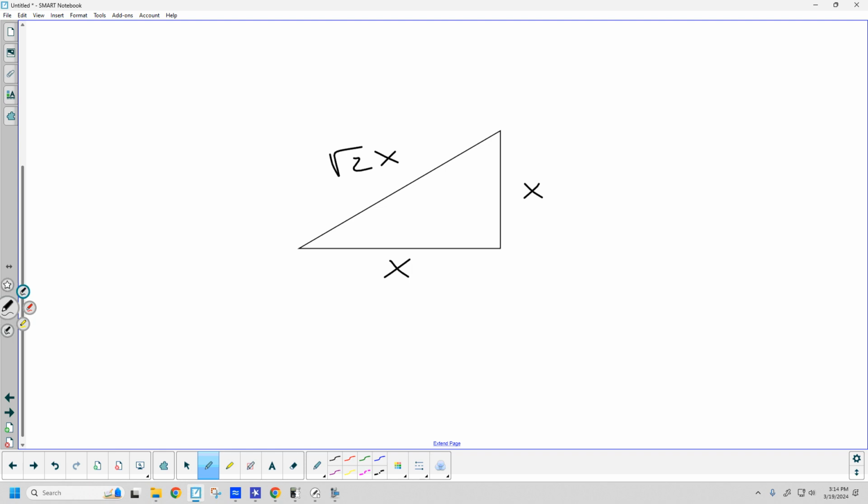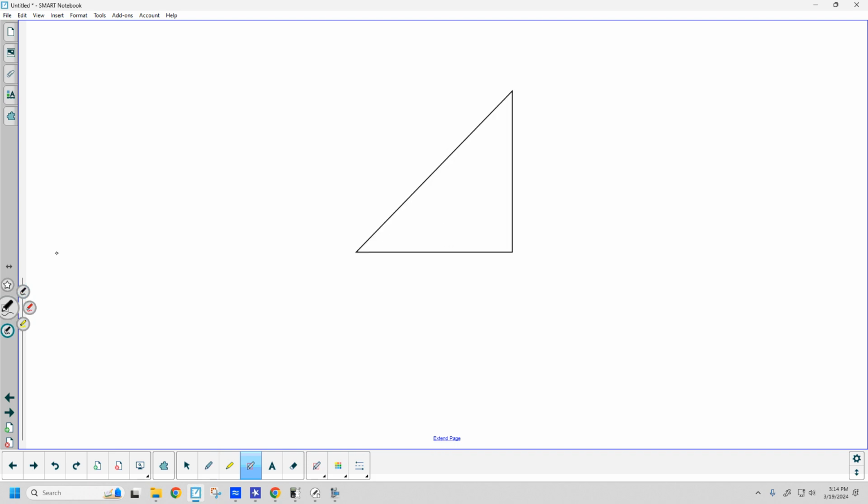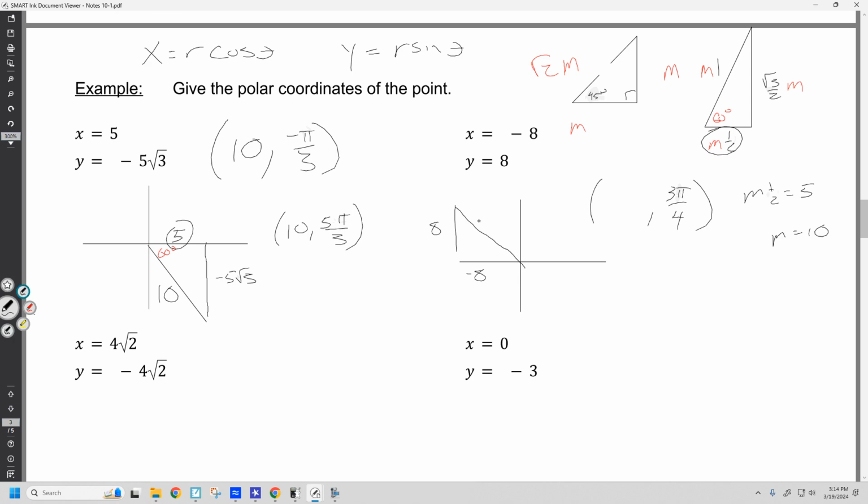You get to pre-calculus, and we change it to this is 1, this is root 2 over 2, this is root 2 over 2, and then there's where your x's land. Regardless, if you have whole numbers, the radius is 8 root 2.